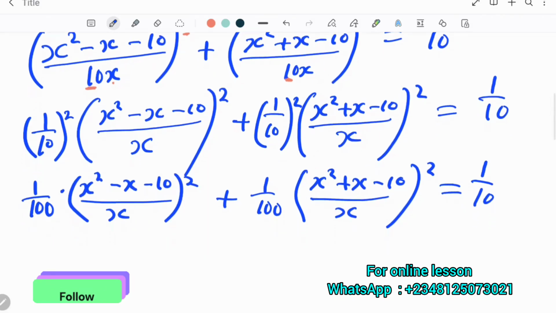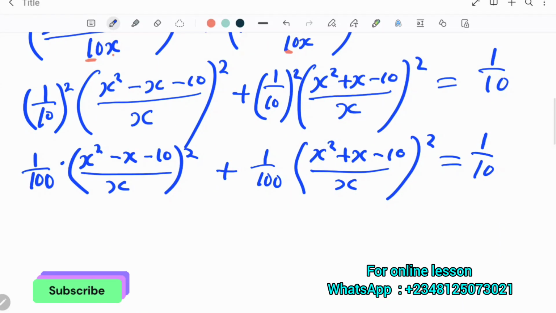The LCM is 100, so just multiply through by 100.